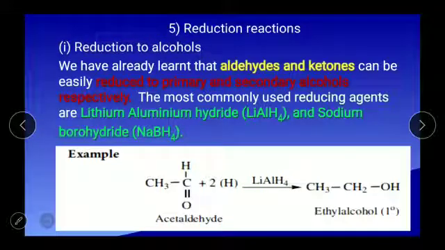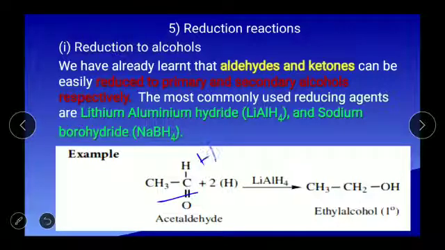How did it happen? CH3CHO is reduced to alcohol. There is a cleavage of the double bond and addition of hydrogen: one hydrogen on the carbon, and on the oxygen also one more hydrogen.